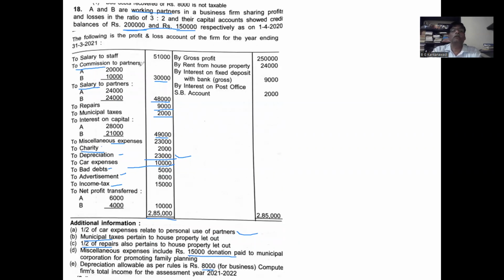So you take all the disallowed items. First is commission, second is partner salary, third, repairs 4,500.